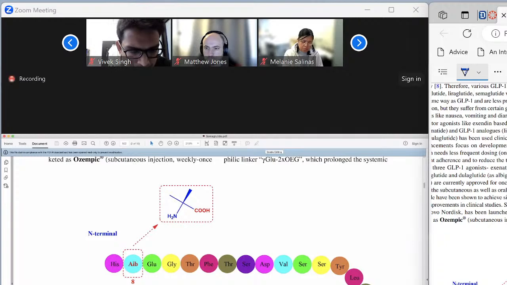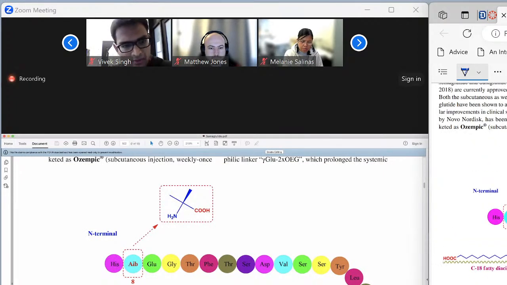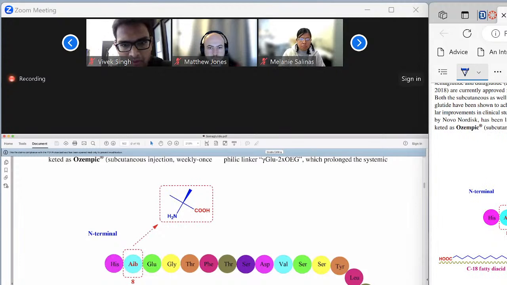And so once again, having this bound to albumin, as you suggest, Vivek, limits renal elimination, but it also just essentially enhances blood concentrations beyond what it would otherwise be.